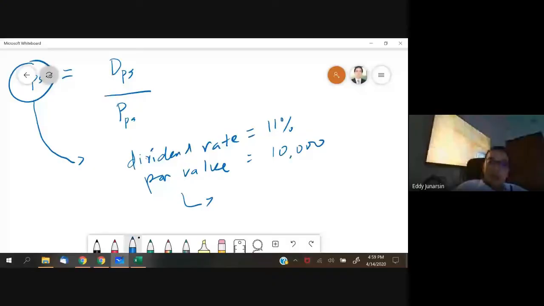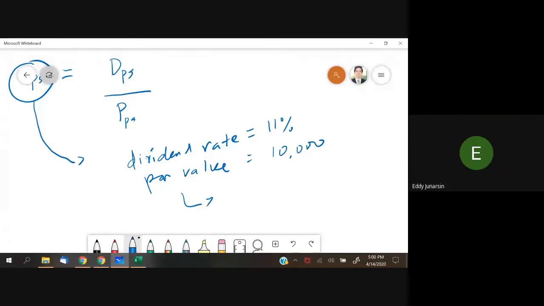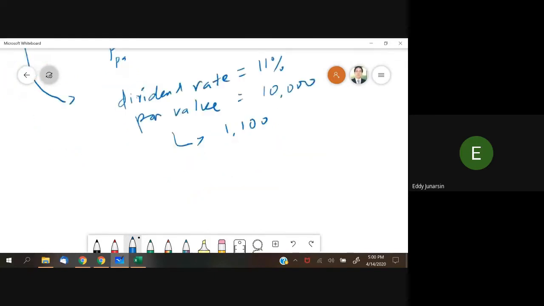So immediately you could imagine, every year this preferred stock will pay dividend of 1100, right? Okay. And then the current price of the preferred stock right now, say is whatever, maybe 15,000.